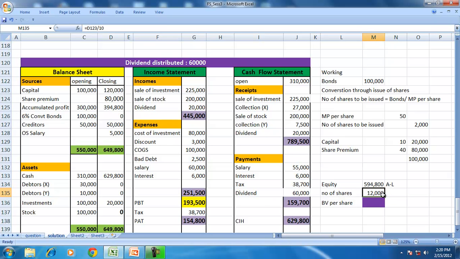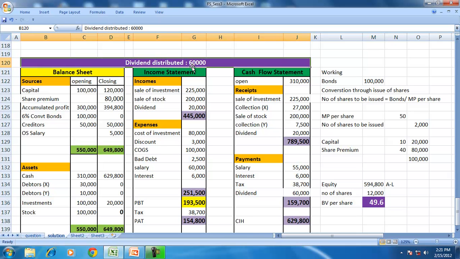The number of shares is 12,000. So the book value per share is 49.6. The previous case was 54, now it is 49.